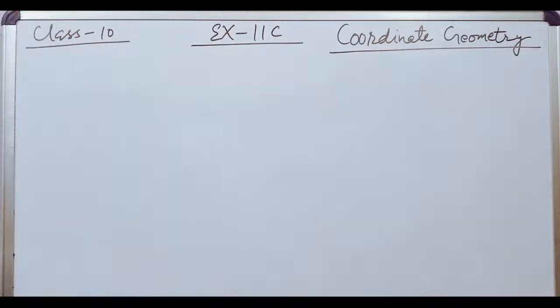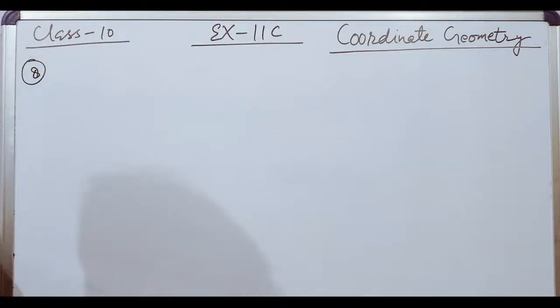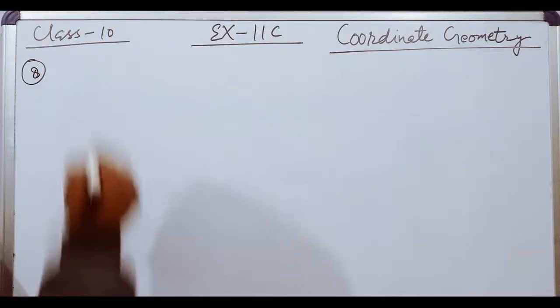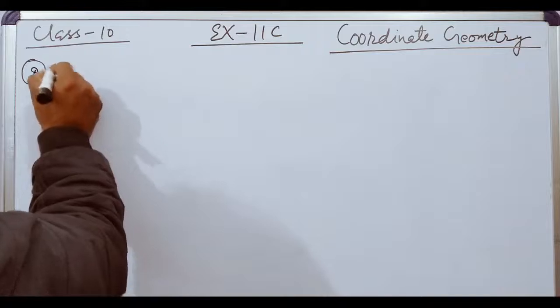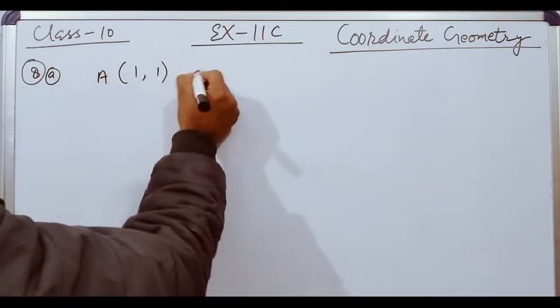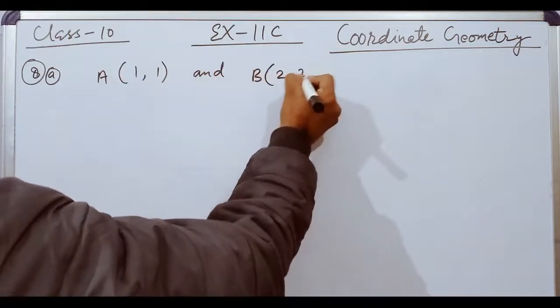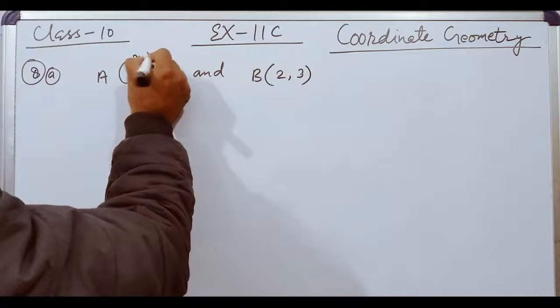Okay, dear students. Question number 8. Find the equation of the line joining the points A (1, 1) and B (2, 3).